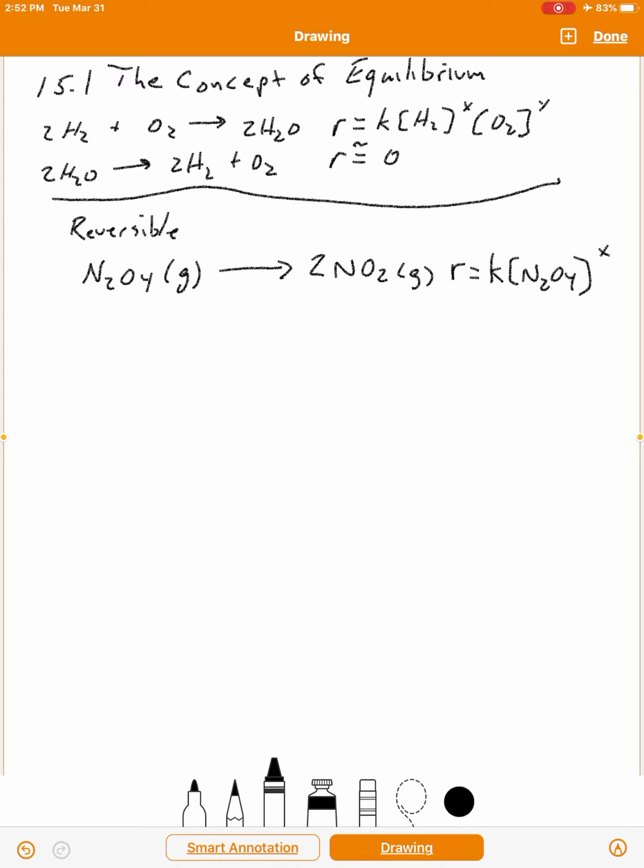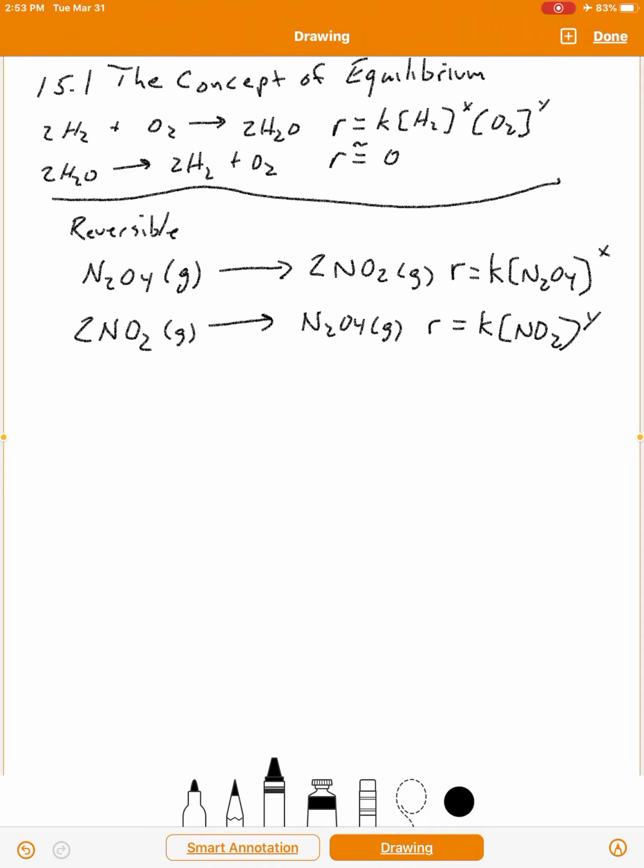But it turns out that the reverse reaction is also possible. If we fill the container with NO2, we would find that the NO2 reacts with itself to form N2O4. And this reaction would also have a rate constant and an NO2 concentration raised to the y power. That reaction would also occur.